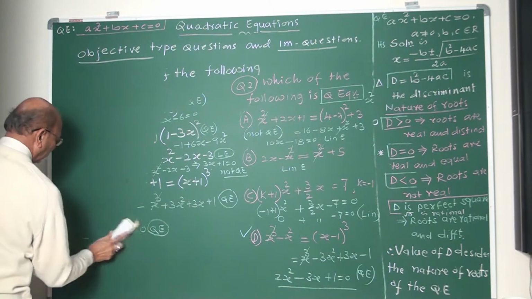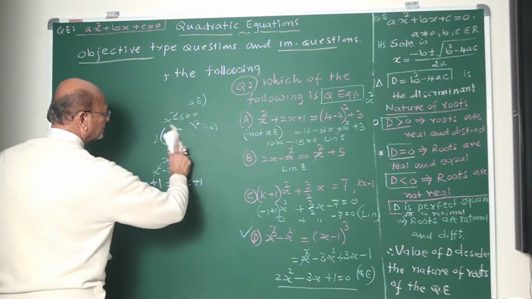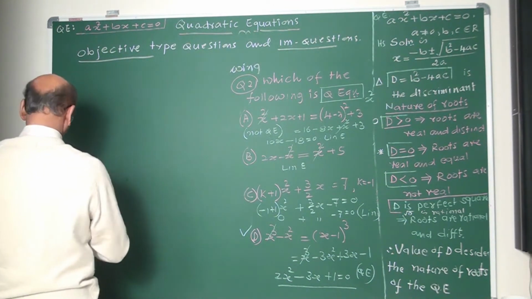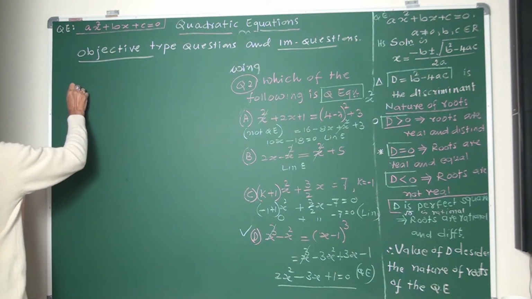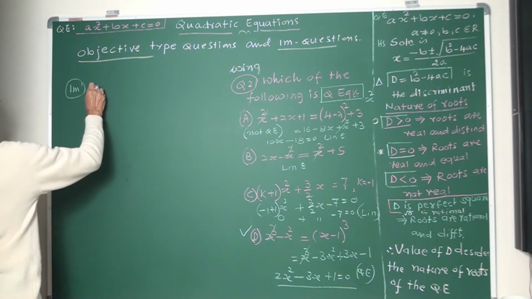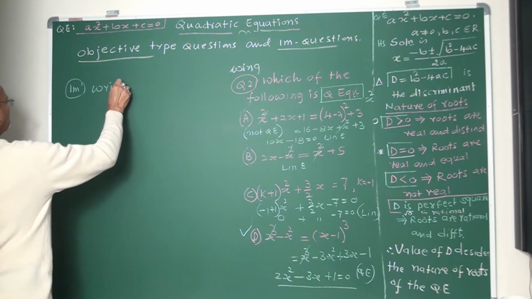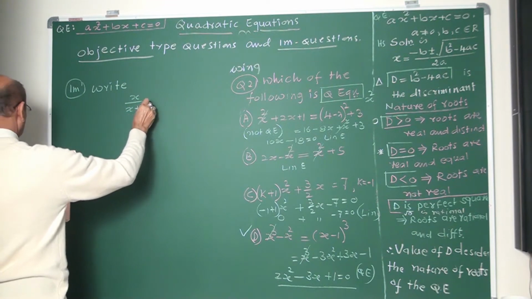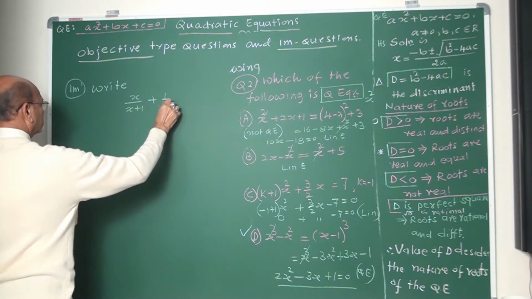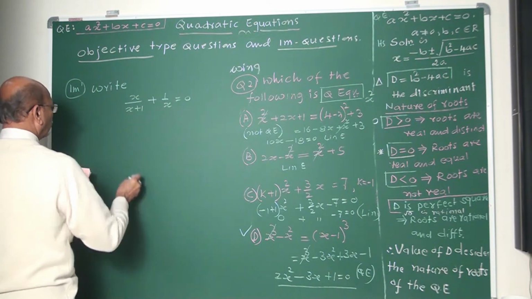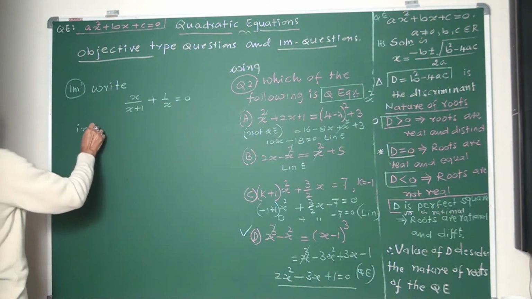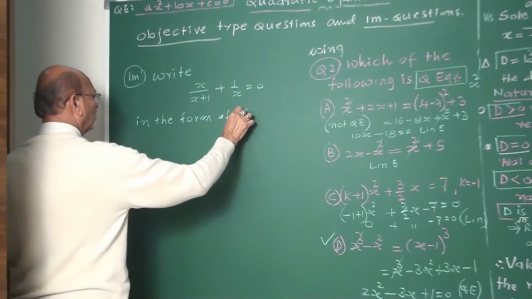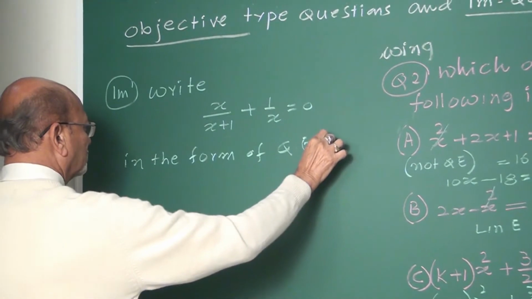Then there is a 1 mark question based on this, my friend. This is 1 mark. Write x upon x plus 1 by x equal to 0 in the form of a quadratic equation.